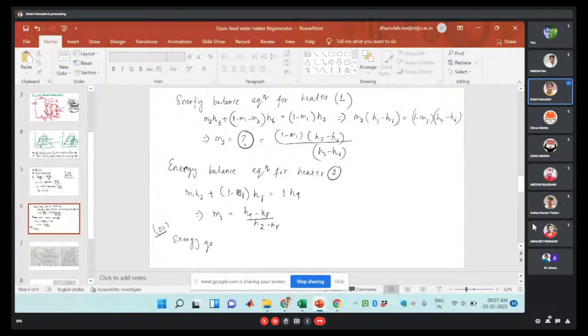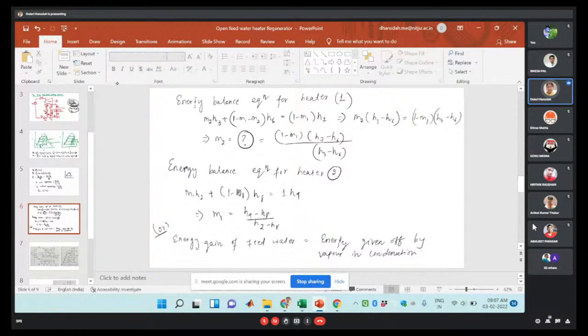Energy gain of feed water is equal to your energy given off by vapor in condensation.